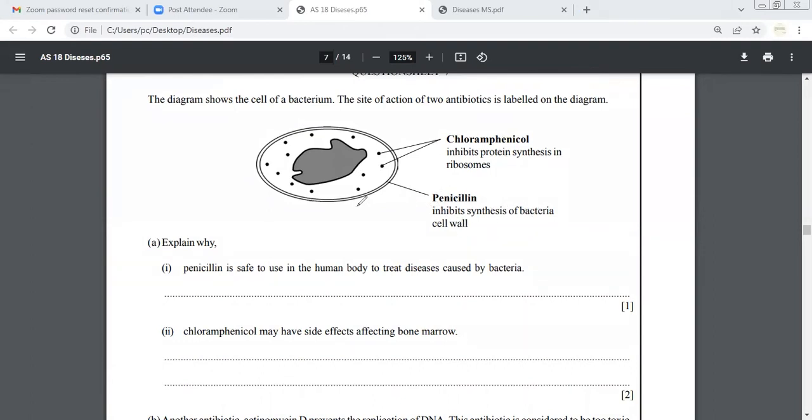Explain why penicillin is safe to use in the human body to treat the disease caused by the bacteria. Because penicillin only acts on the cell wall material of the bacteria, and it never harms the cell membrane or any mammalian cell organelles or any part of the cell of the mammals. So it is safe to use.